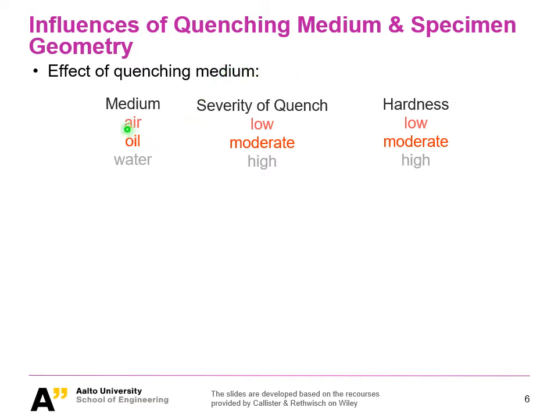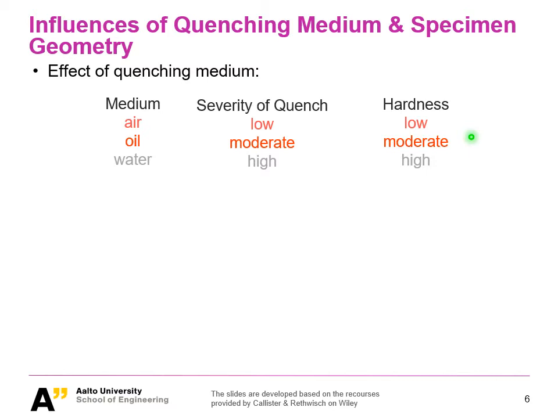And the second medium is oil, which already gives a rather fast cooling rate. So we call that moderate in terms of severity of quenching. And of course, you get rather moderate hardness as well. The fastest cooling rate is provided by water, actually.